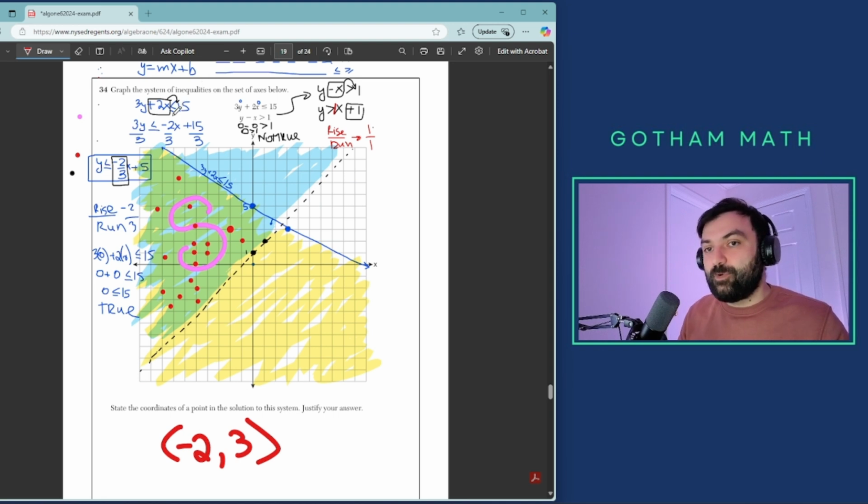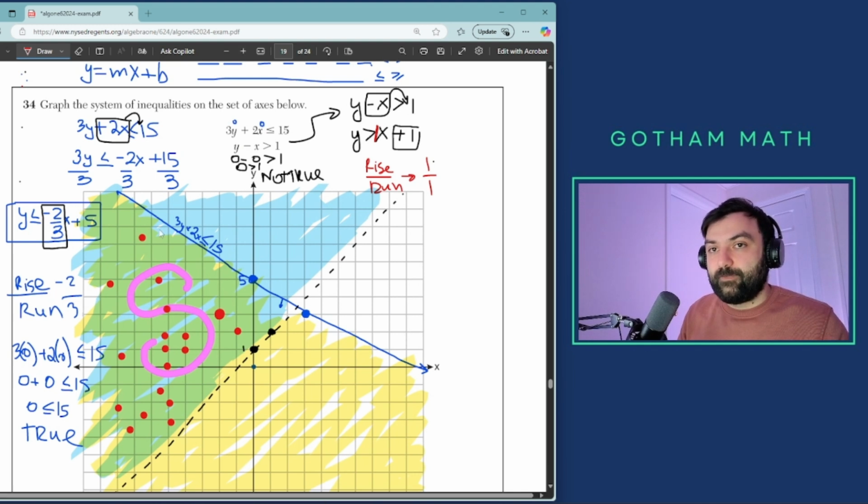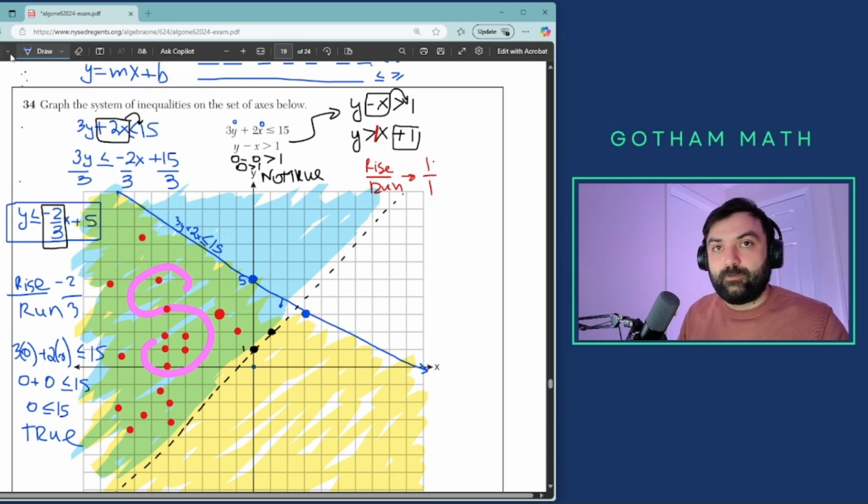So I'm going to quickly highlight how to do this, and that will be it for this video. All right, so real quick, split them up, right? Put one inequality to the left, one to the right.